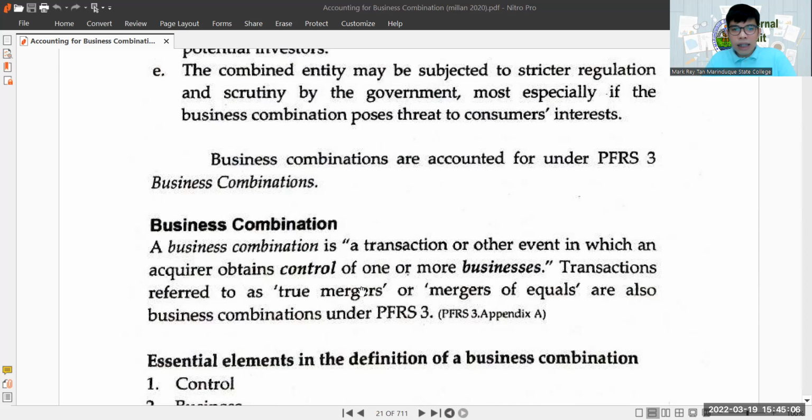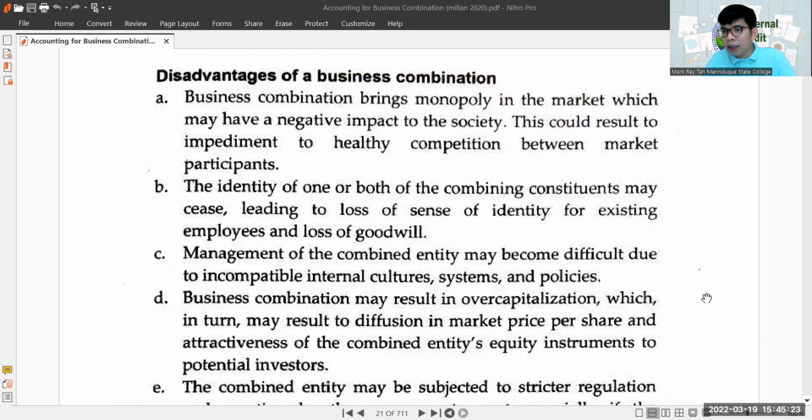So basically, class, there is one company that obtains another company or a company of one or two, in which that company that purchased those other companies is called acquirer. So balik tayo dun sa una.